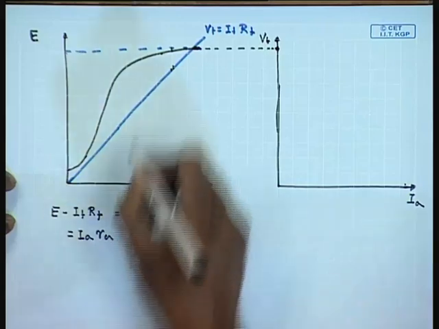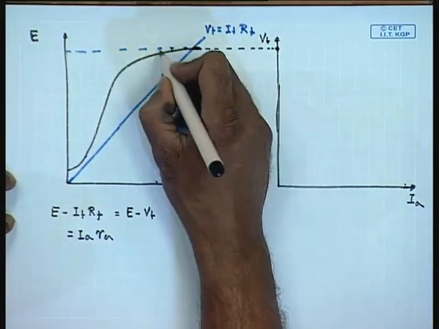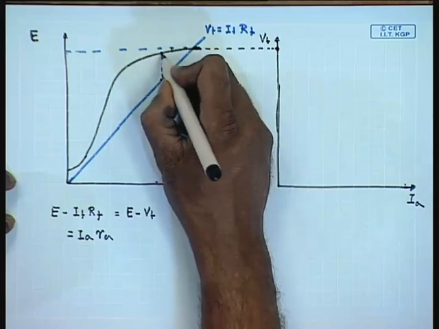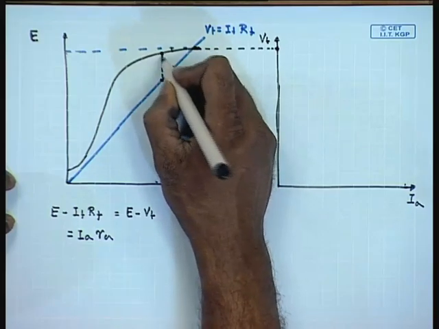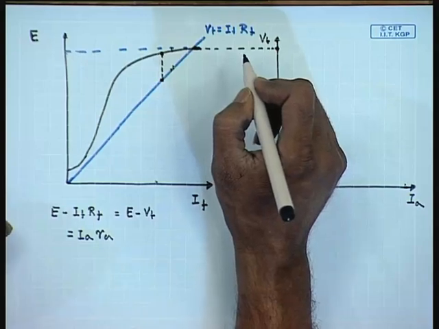So, this vertical distance between the OCC and the field load line is nothing but the armature drop.